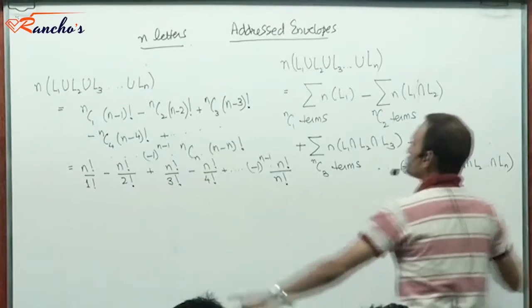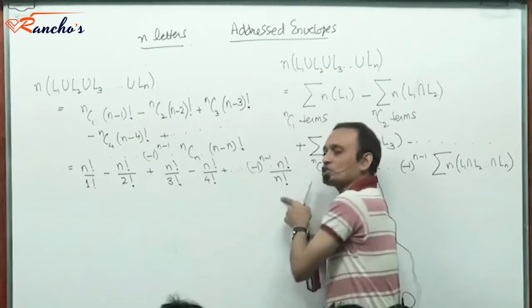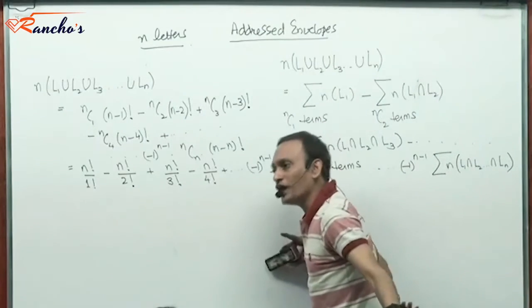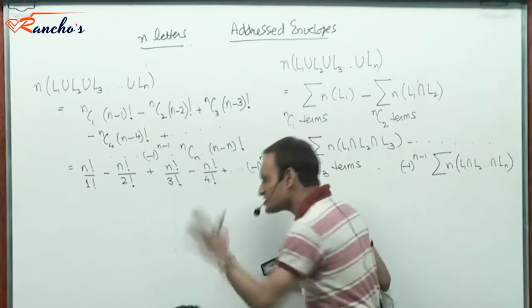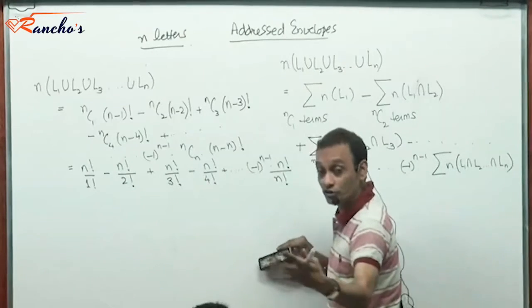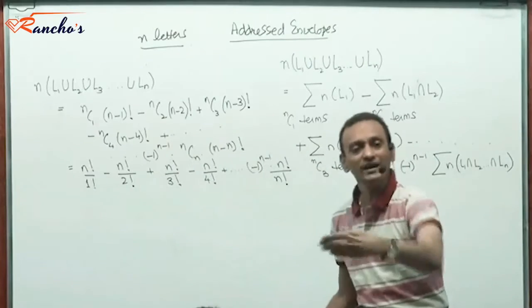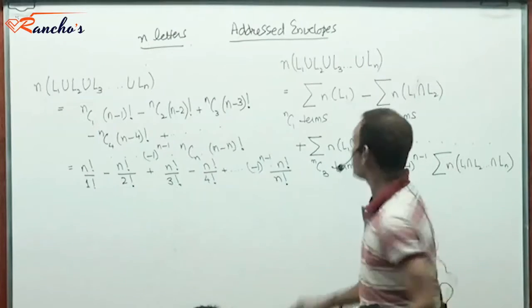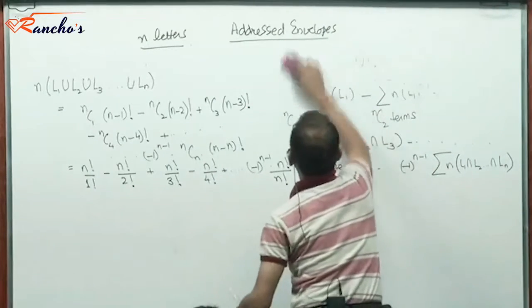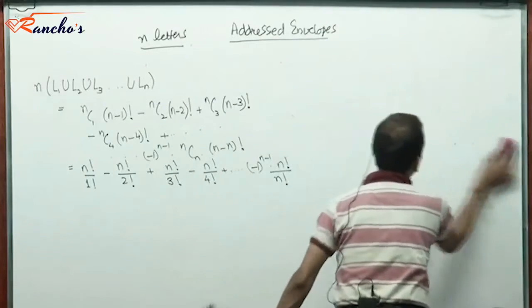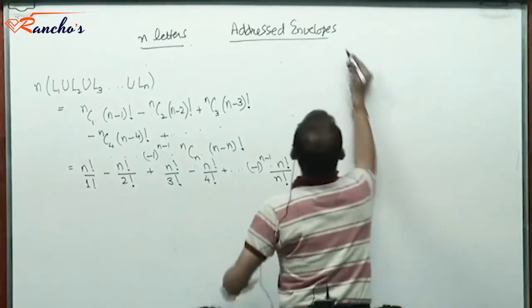Now, this computation will give me what? At least one letter has gotten into the right envelope. This will give you the number of ways in which at least one letter got into the right envelope. So then, the total number of ways of putting letters in the envelope were n factorial.